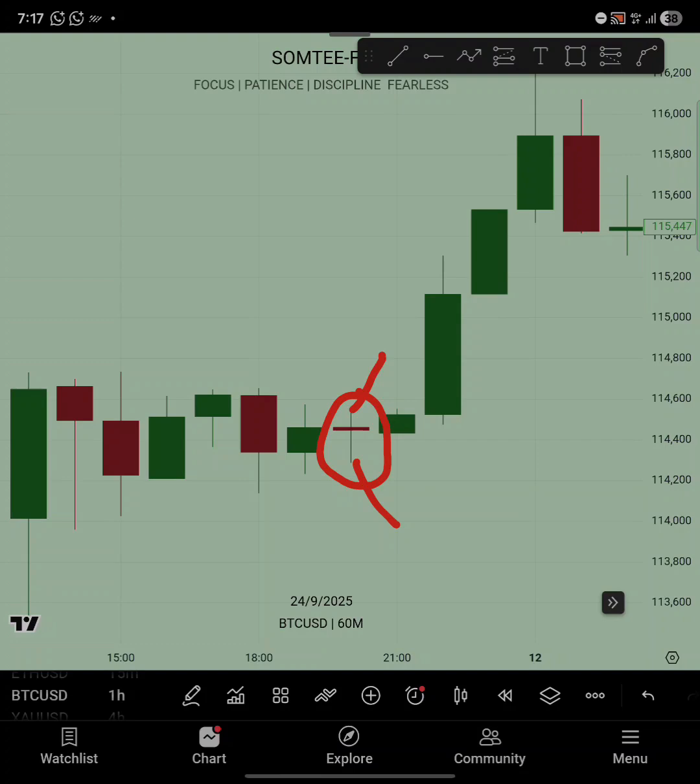So this doji candle signifies a continuation pattern. It can continue an uptrend or a downtrend, or also continue a ranging market. It depends. That's the reason why you need to wait for a confirmation before you either take a buy or a sell. So that is just it.